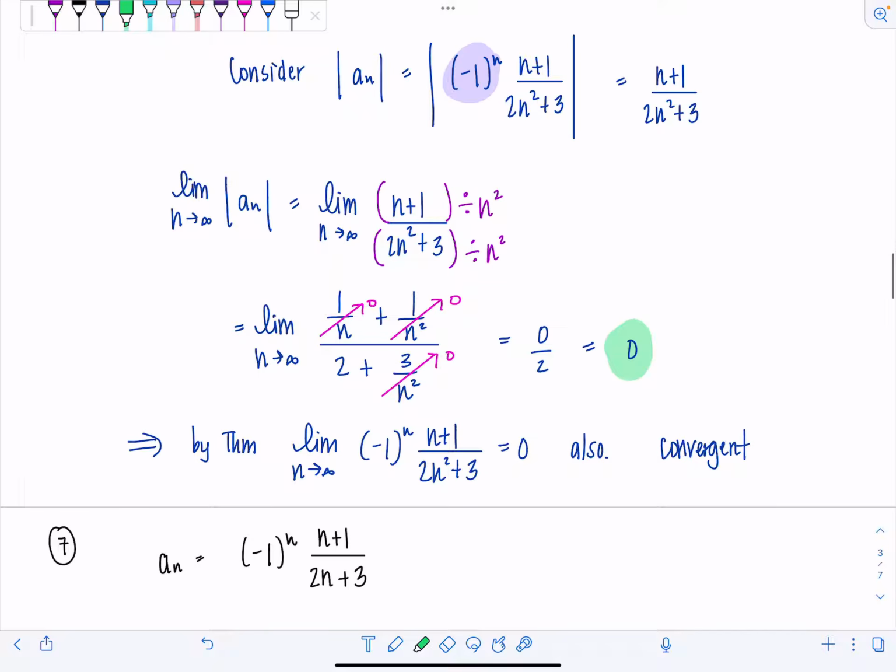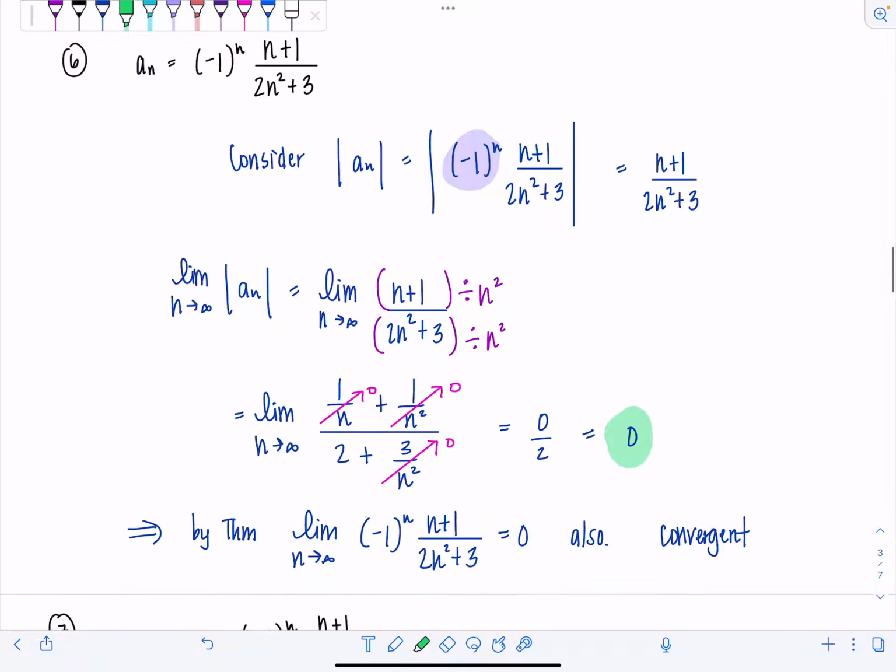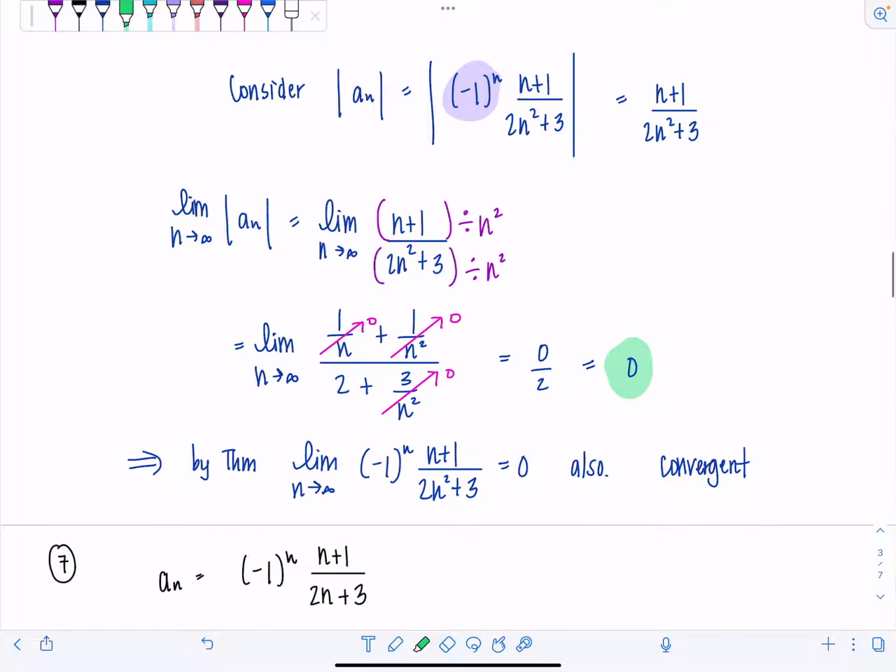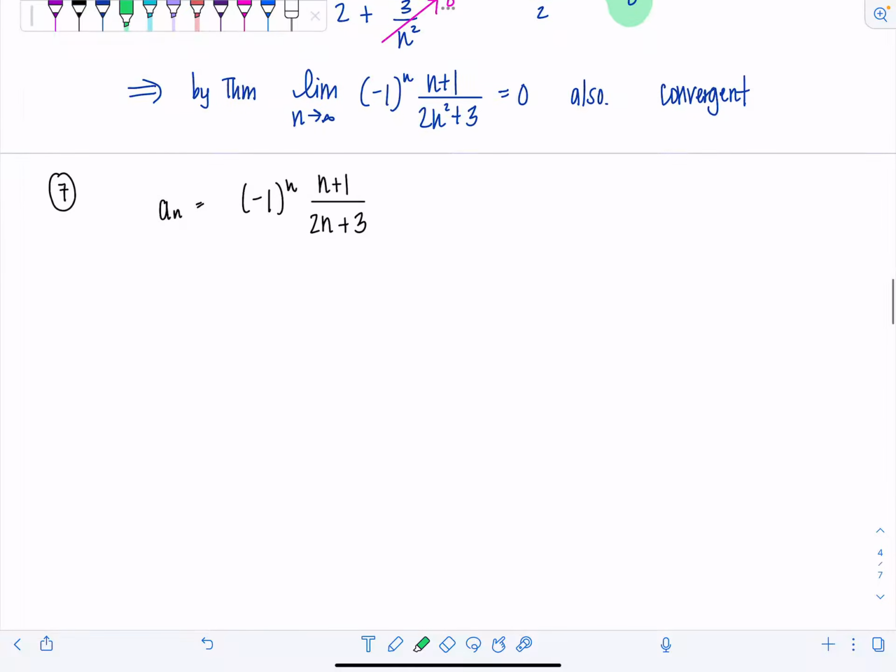See, what's the only difference between this example and the one before? The n is not squared in the denominator. Oh my, that's going to change everything. So the absolute value of a_n, the absolute value of (-1)^n times (n + 1) over (2n + 3). All that happens is that alternating portion's gone.